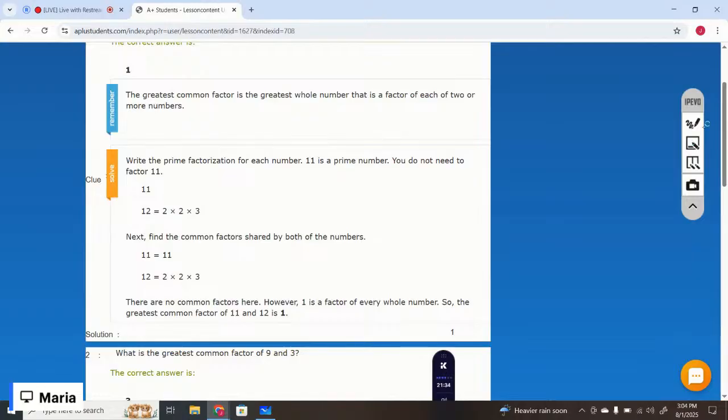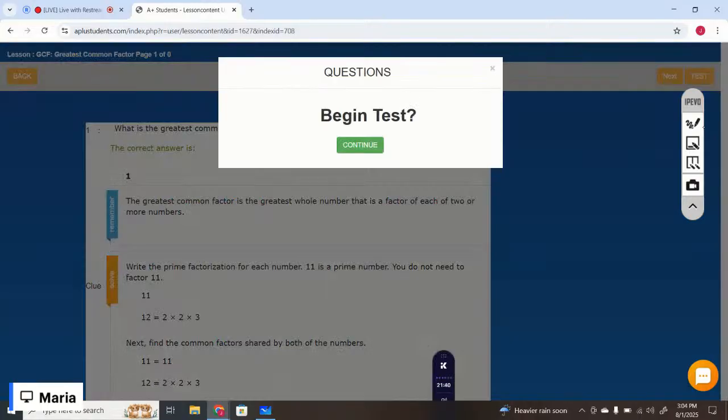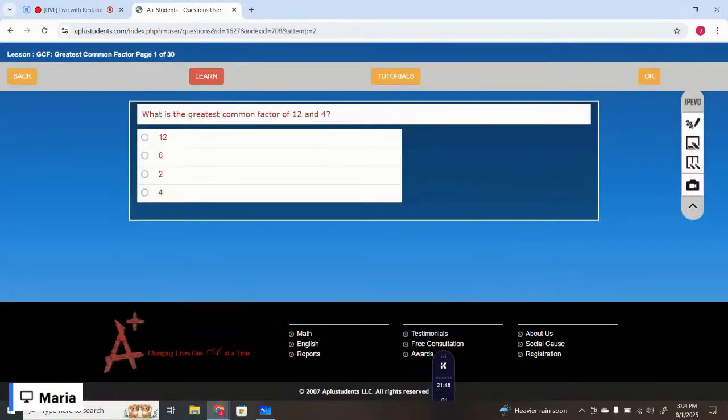Let's start with the test questions. What is the greatest common factor of 12 and 4?